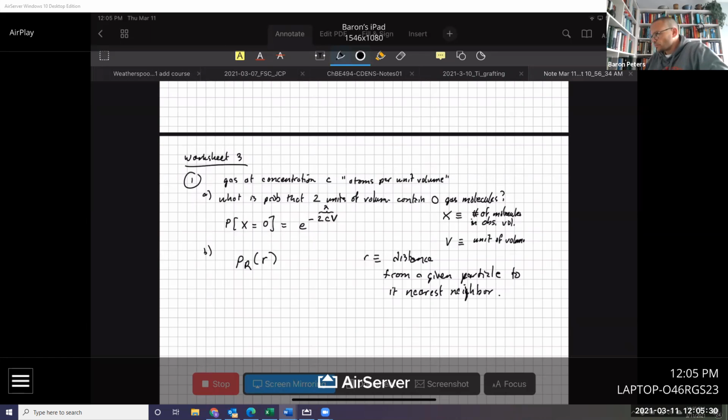Now, really, we know that the probability density to identify a particle in this volume V is C e to the minus CV.